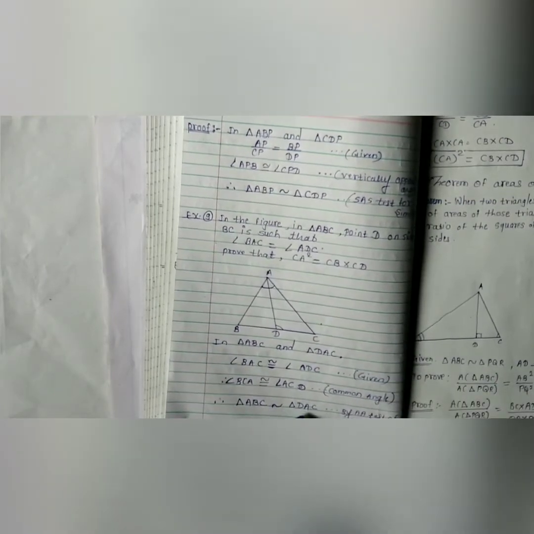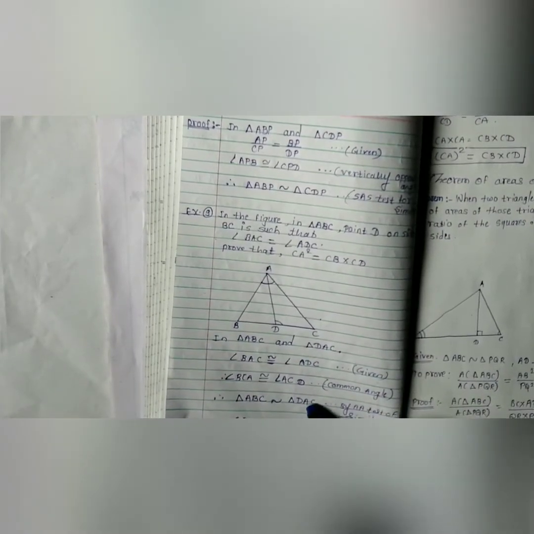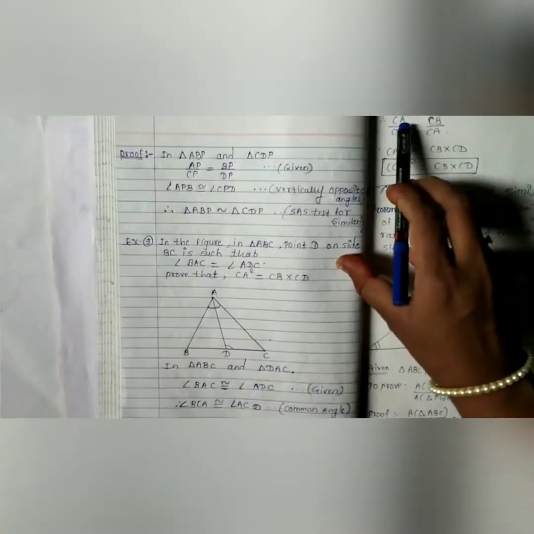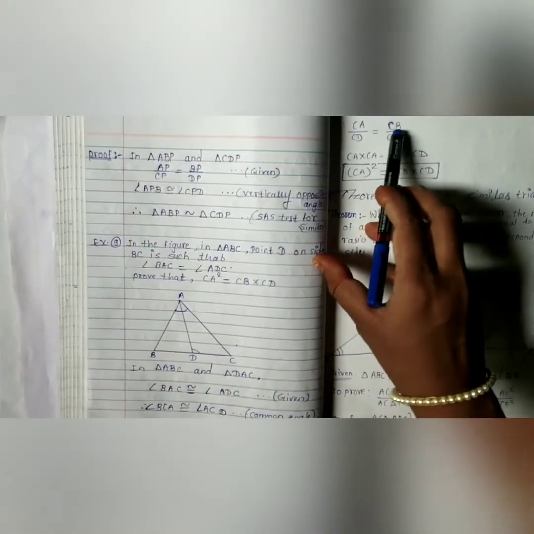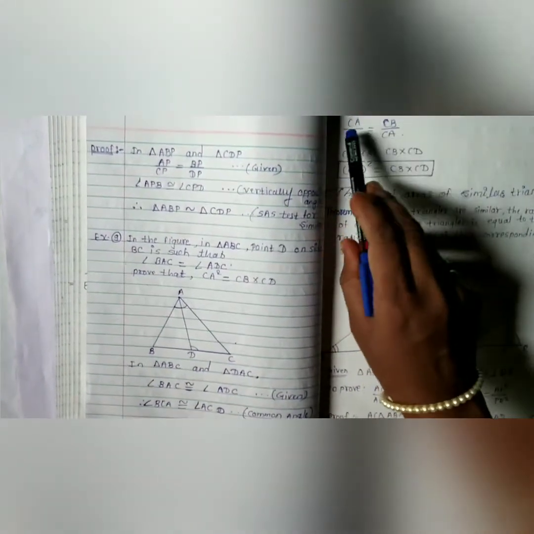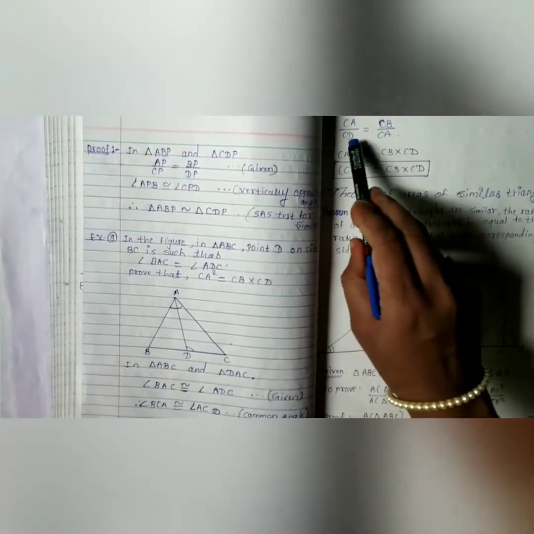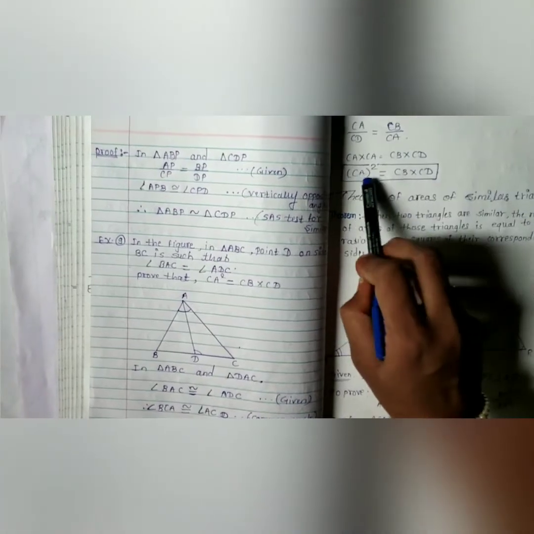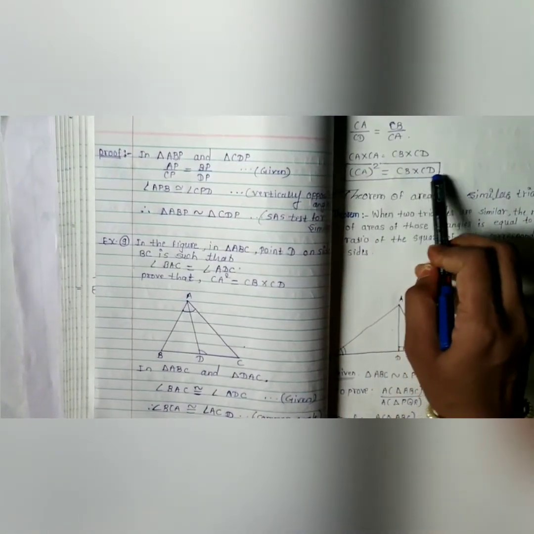Therefore, their sides are in proportion: CA upon CD is equal to CB upon CA. Cross multiplication: CA into CA is equal to CB into CD. Therefore, CA square is equal to CB into CD.